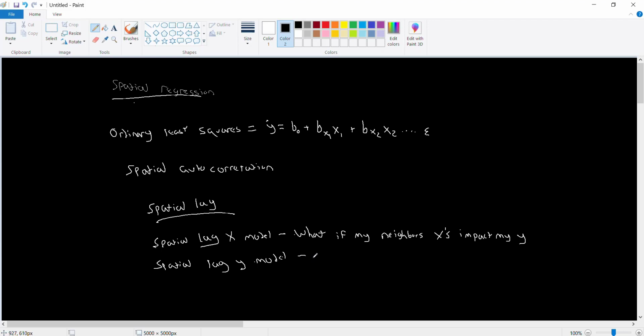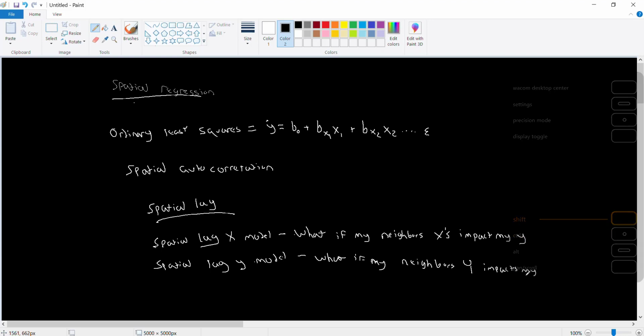The lag y asks a similar question, but it's saying, what if my neighbor's y impacts my y? So now with the spatial lag y model, it's not so much talking about the independent variables. It's saying, what if the thing I'm trying to predict is impacted by that same thing that's occurring in my neighbors.